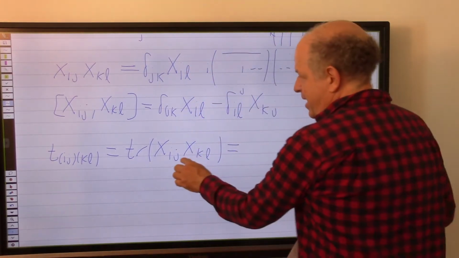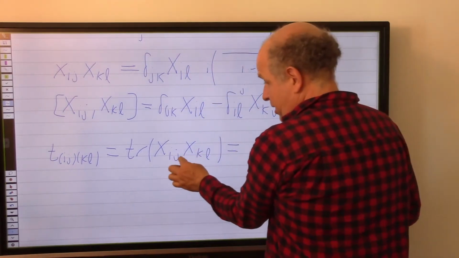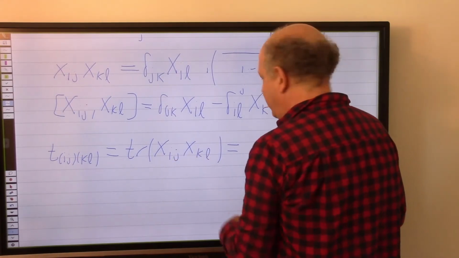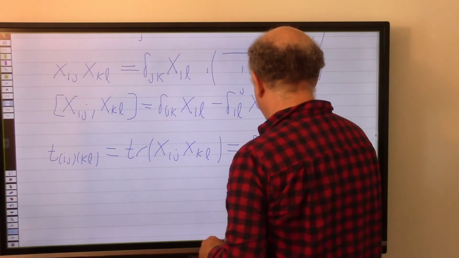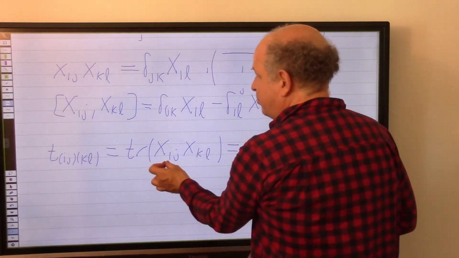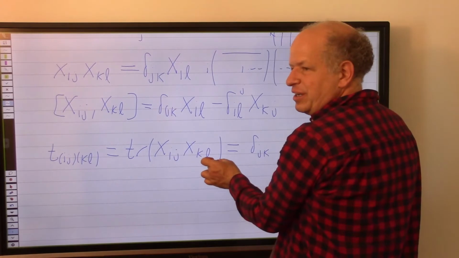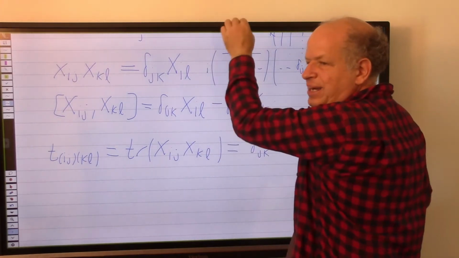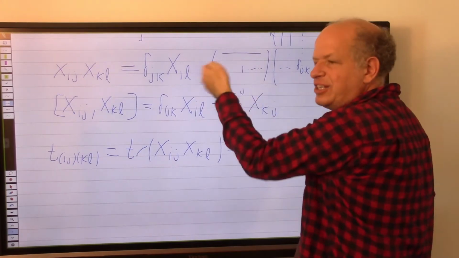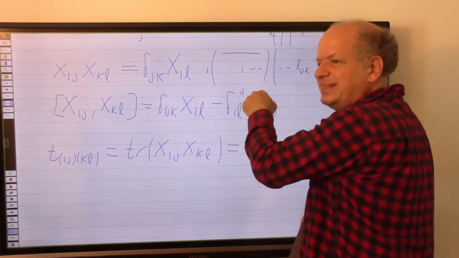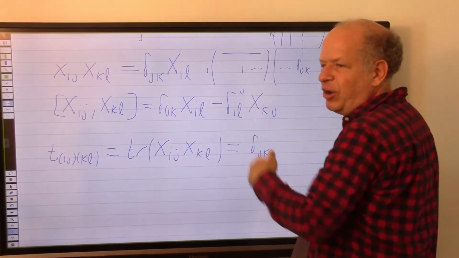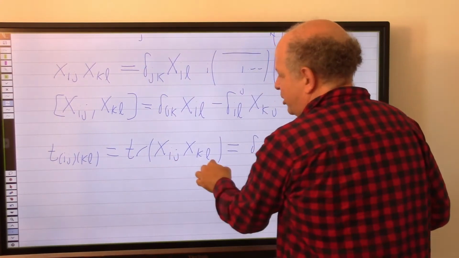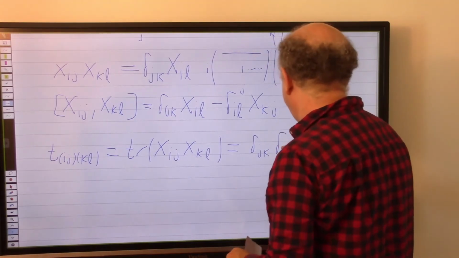But now, XIJ XKL has a delta JK in it, so it's delta JK, but then it gets multiplied by XIL. XIL is the matrix with a 1 in just one place, so the trace will be 1 if that one place is on the diagonal, and 0 otherwise. But to be on the diagonal means that I must be equal to L. So delta IL.